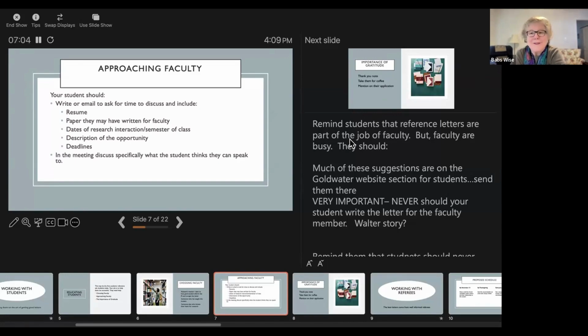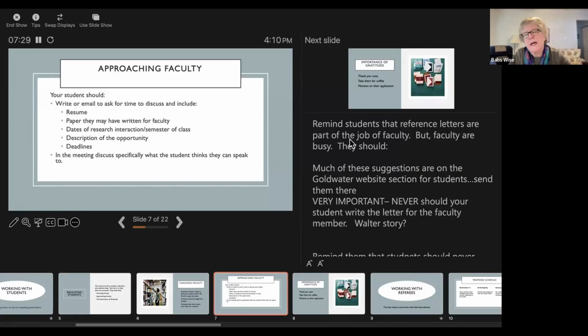This is what faculty are expected to do. Now, you have to be nice about it when you ask them, but, they do want to do that. I also remind students that the faculty member has the right to say no. And if someone says no, just to move on and get somebody else.